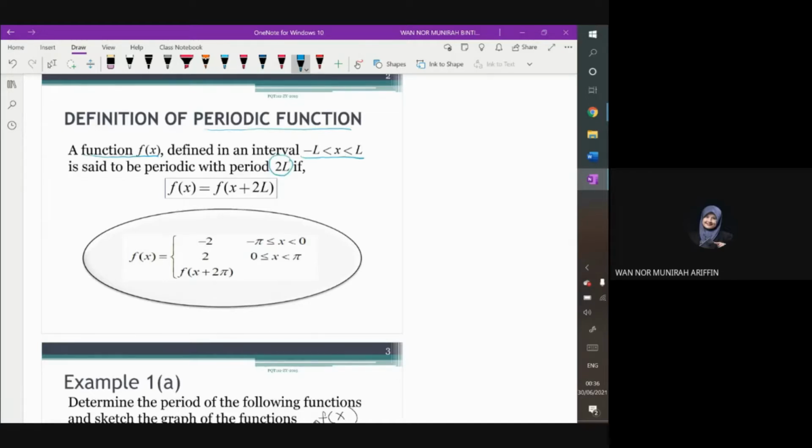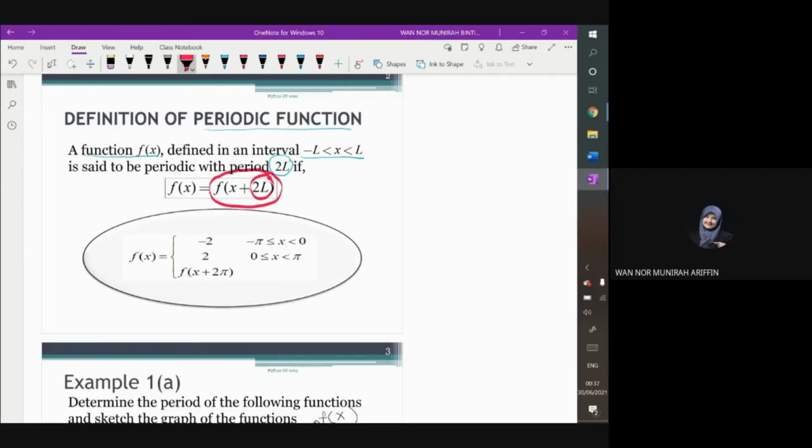If your function f(x) equals f(x) plus 2L, then 2L is the period. So when we have a periodic function, we write the function as not only f(x) but f(x) plus the period, so the 2L is the period.